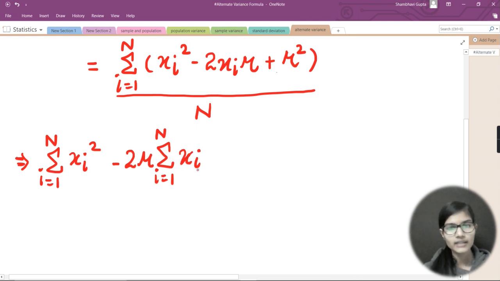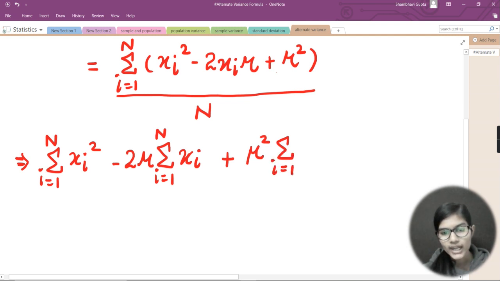Now I'm again going to take the constant outside. So I'm going to write plus mu square, and then again put the summation sign going from i equals 1 to capital N. Now one question arises: what do I write here?